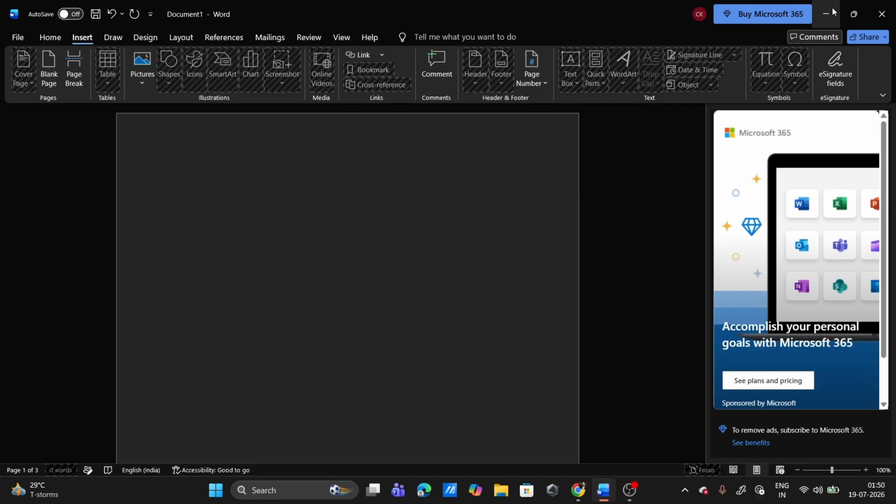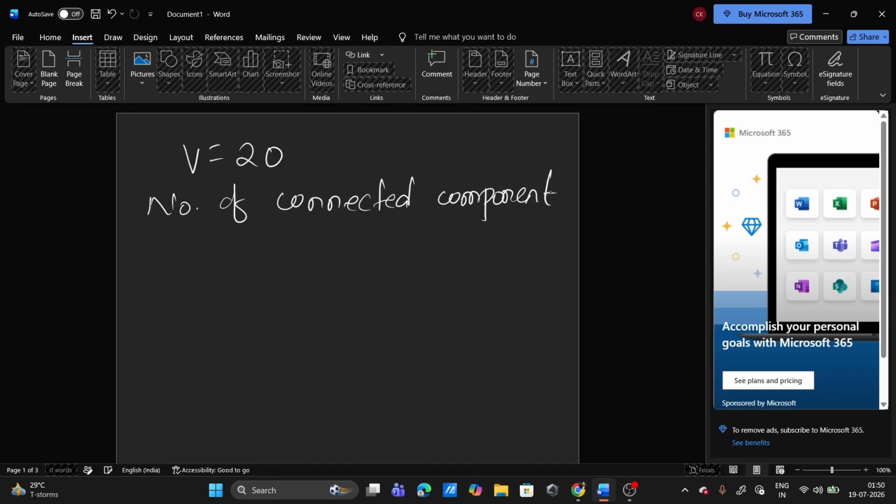So we have an undirected graph, again with 20 vertices, and the number of connected components is 5.